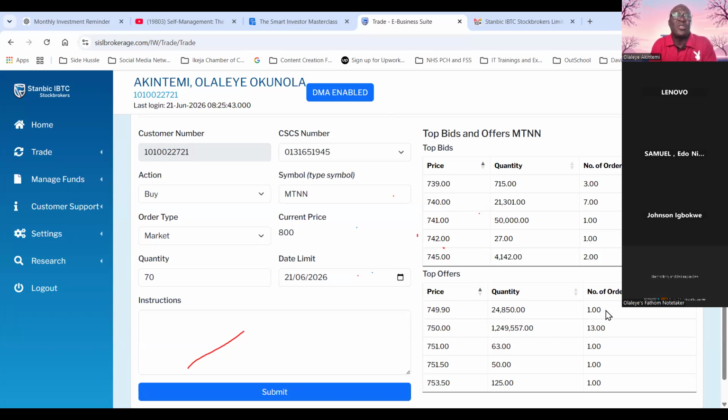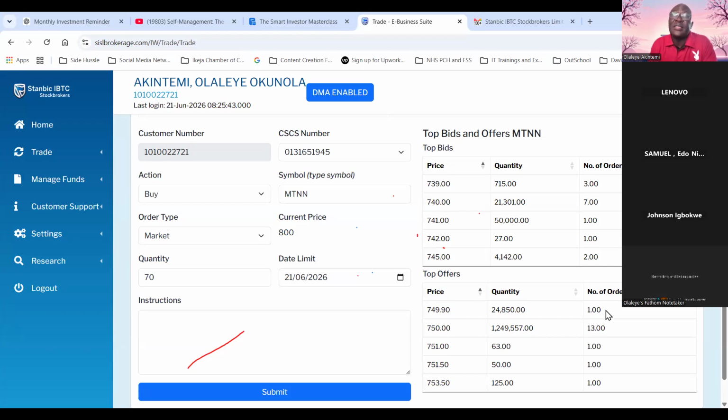Then I was discussing with some people on the Smart Investor Telegram group, and somebody was telling me that on Bamboo, the lowest offer for MTN is 740 naira, but on Stanbic IBTC, it's showing 750. Again, I'm not going to worry myself about those petty things. 750 is good enough. I've already made a gain of 50 naira per unit.